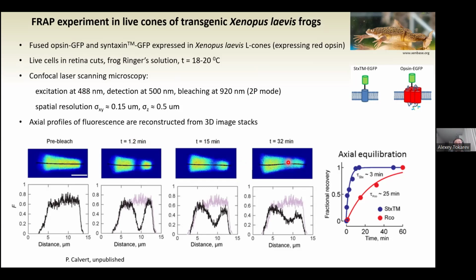Okay. So we collect three-dimensional stacks of such images. We plot some line along this three-dimensional structure, and we obtain a profile of fluorescence before the experiment and during time.